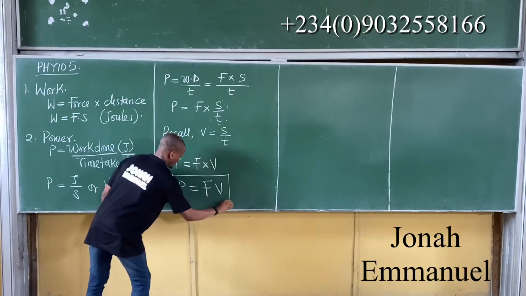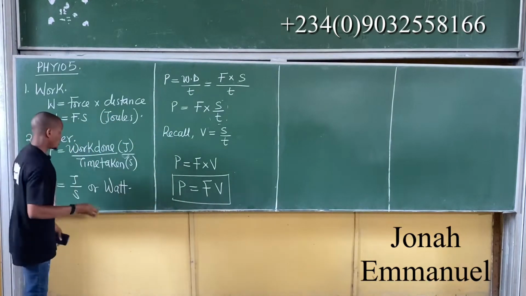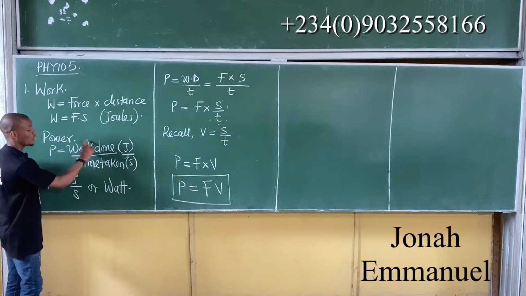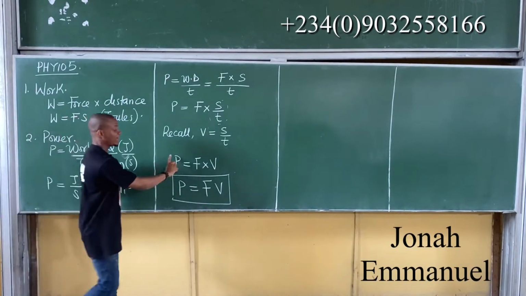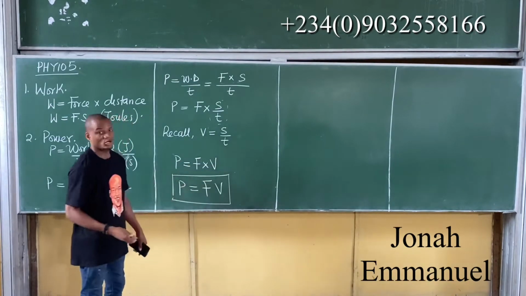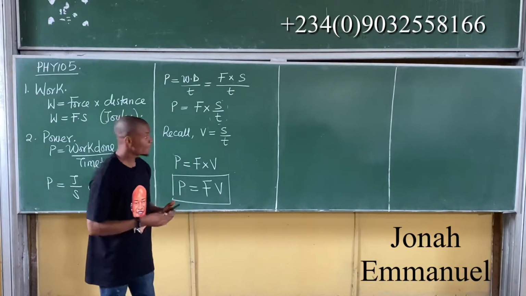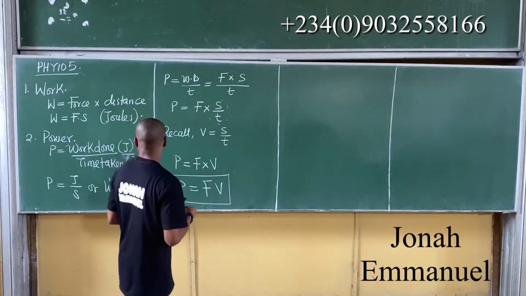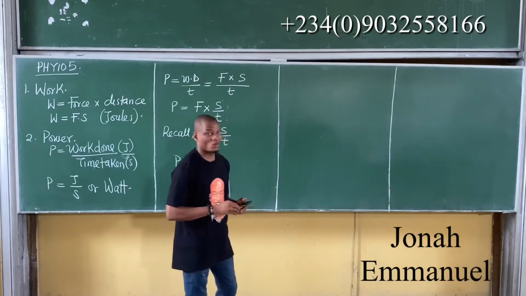So power can be calculated in two ways: you get power by dividing work done by time, or by multiplying force and velocity. Whichever one will give you a correct value for power. Alright, before we solve that problem, one more thing.